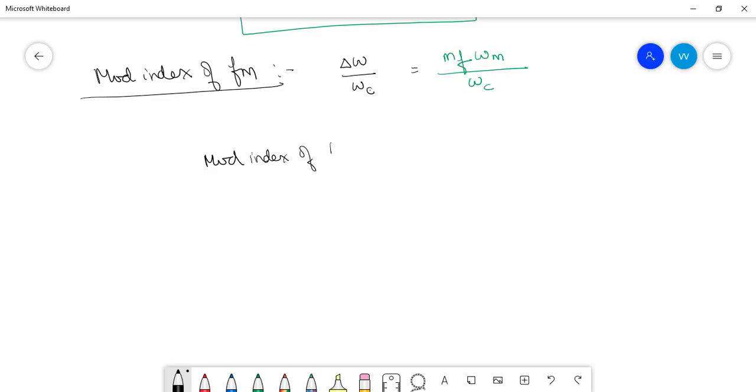of the frequency modulated wave is, as you can see from here, dependent upon the bandwidth of the signal and the carrier frequency of the signal.